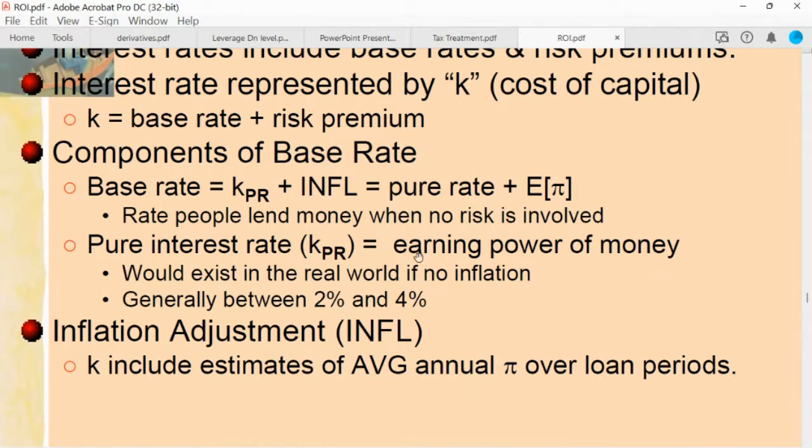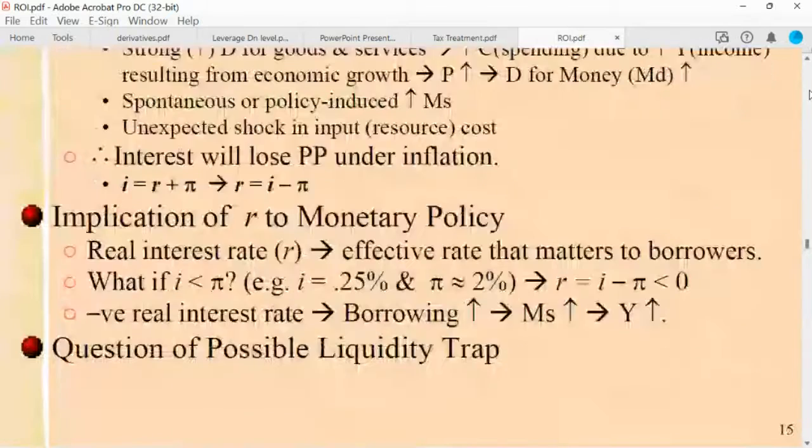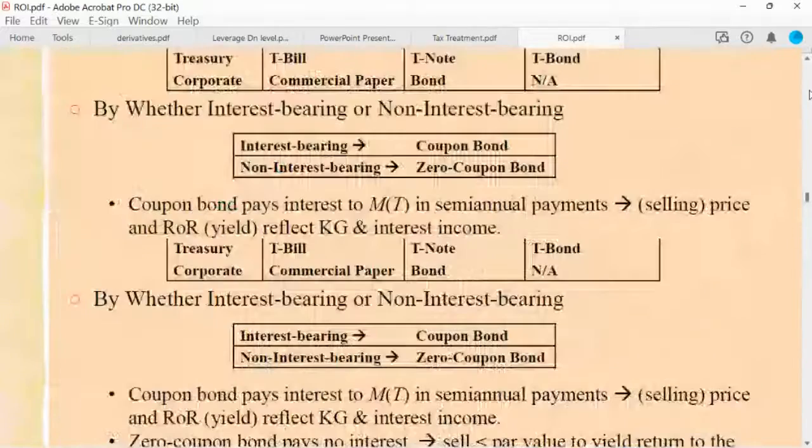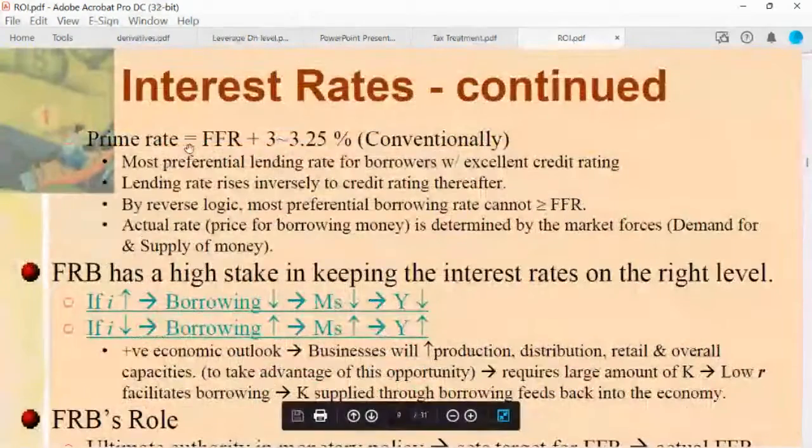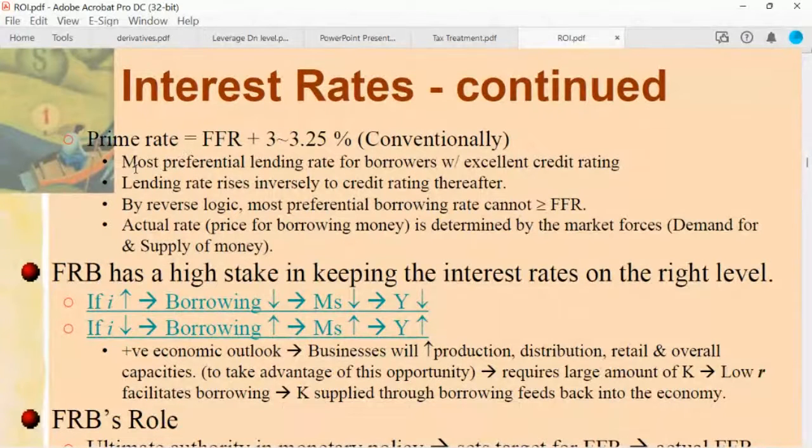Remember earlier I showed you what the prime rate is like and what it consists of. Prime rate is the rate that is allowed to the highest quality borrower, right?